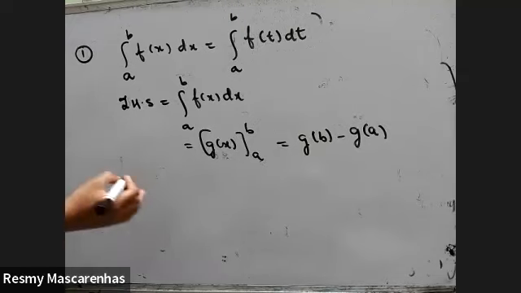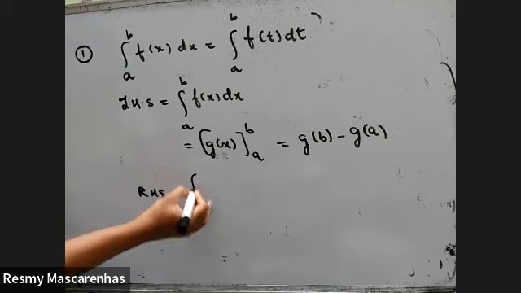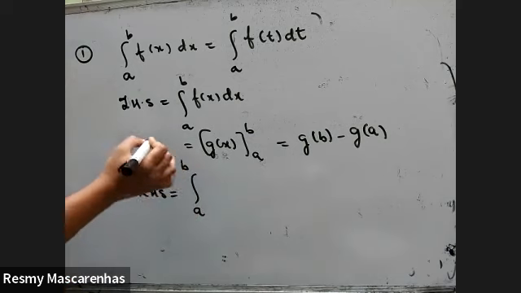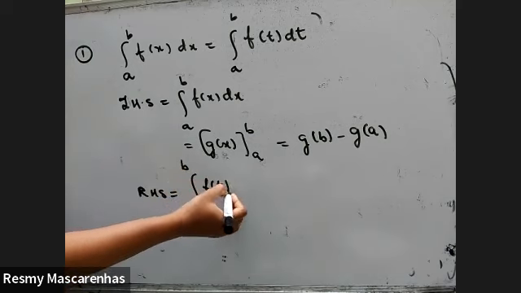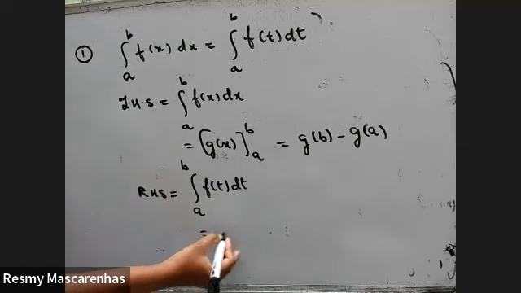Then we will take the right hand side now. So consider we had got g of t now.